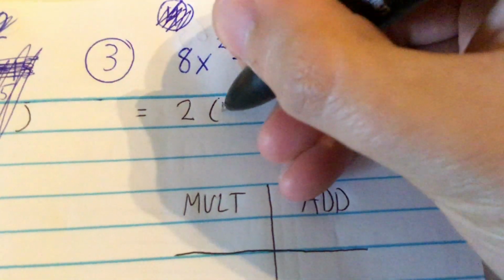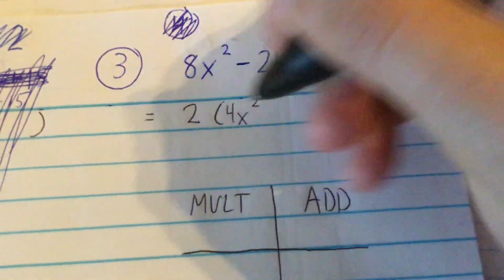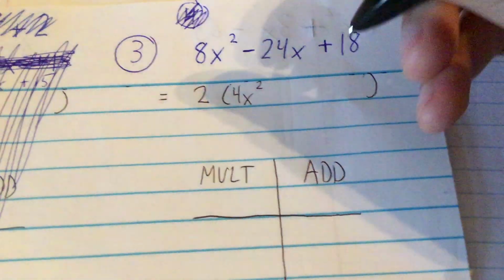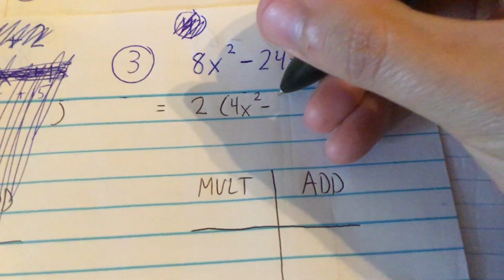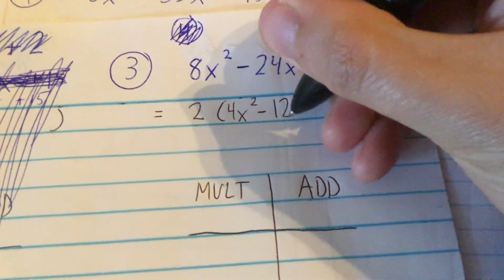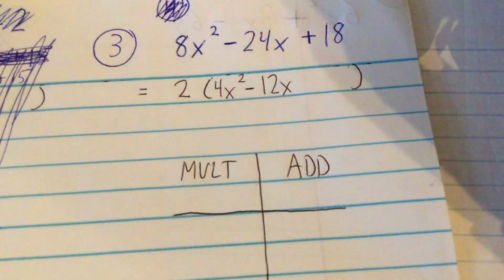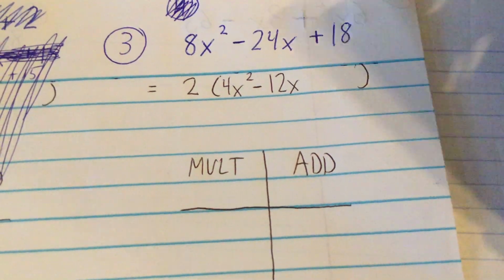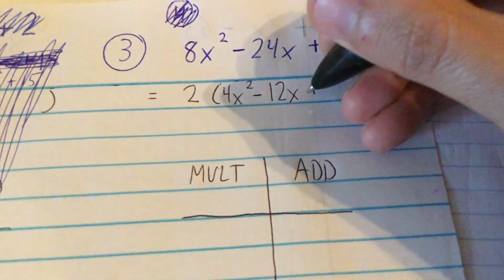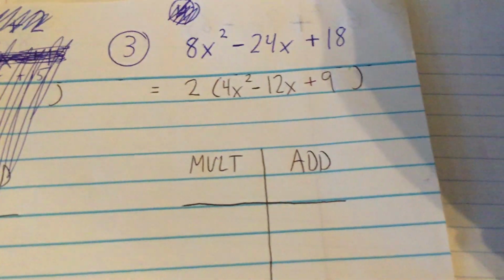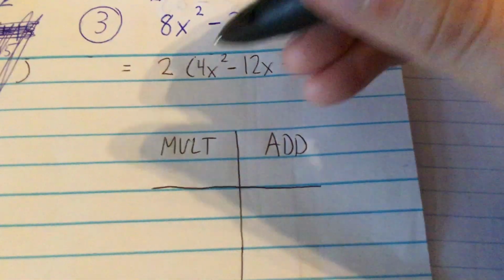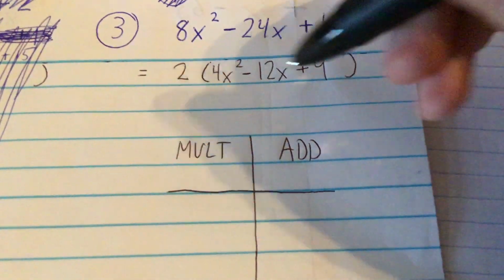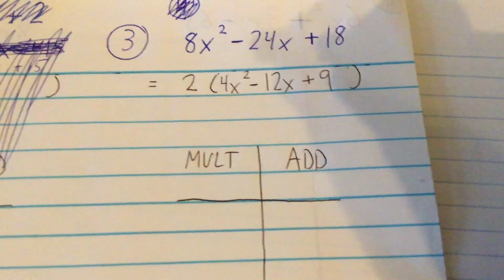That'd be 4x squared. 2 times what is negative 24x? That'd be negative 12x. And 2 times what is positive 18? Positive 9. So now I can't factor anymore. I can't divide by 2. Can't divide by 3 either. Okay, so it's as factored as it's going to get.